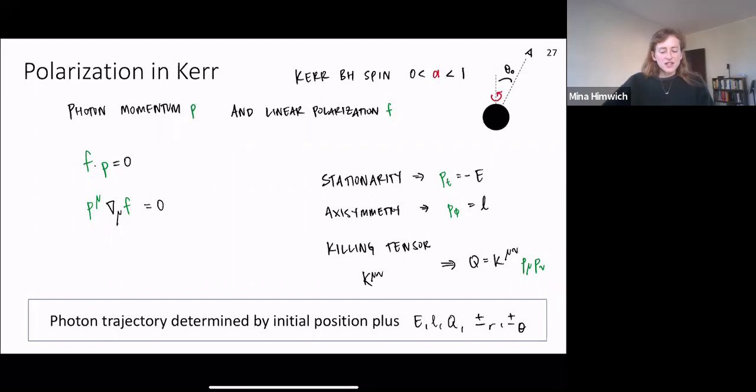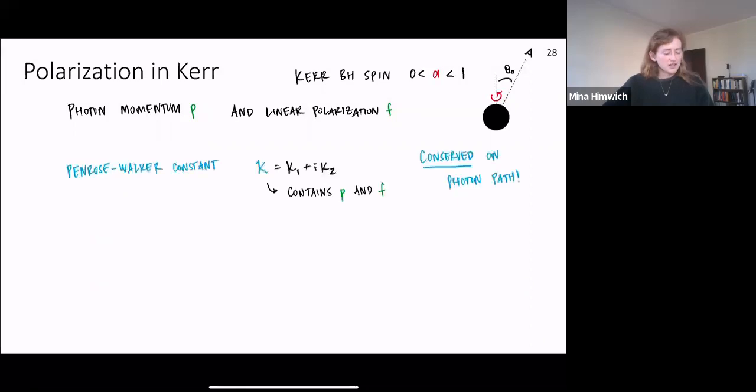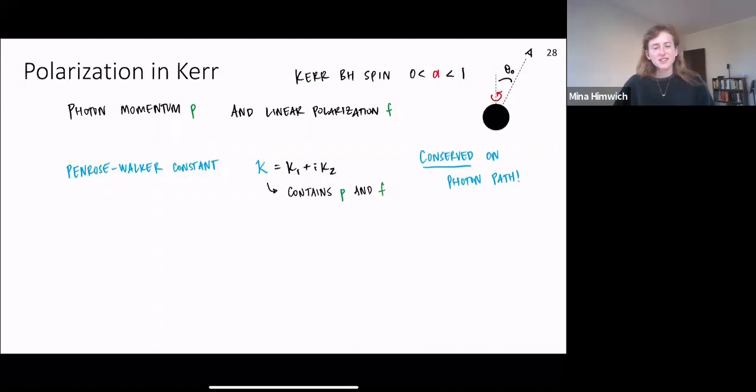And so what takes the place of the energy as a meaningful conserved quantity on photon geodesics in Kerr is this constant called the Penrose-Walker constant, which is constructed out of the photon's momentum and polarization. And it's a complex constant, which is denoted kappa, and it's written kappa_1 plus i kappa_2 to emphasize that it's complex. And it's a theorem of Walker and Penrose that this constant is conserved on the photon's path.